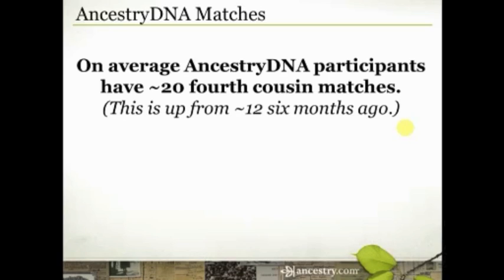And that is up from about 12 6 months ago. 6 months ago, I attended a conference where I listened to one of the DNA product managers talk about how the average DNA participant had 12 fourth cousin matches. And now 6 months later, we're up to 20. And as more and more people take the DNA test, that number will only increase. You'll have more and more possibilities, more and more cousins to connect to.